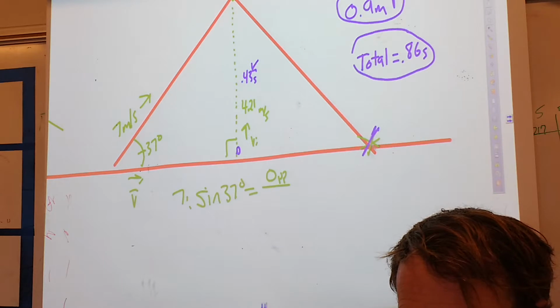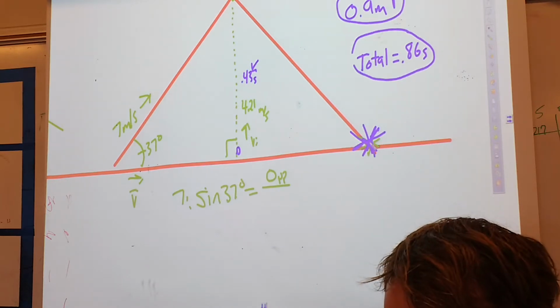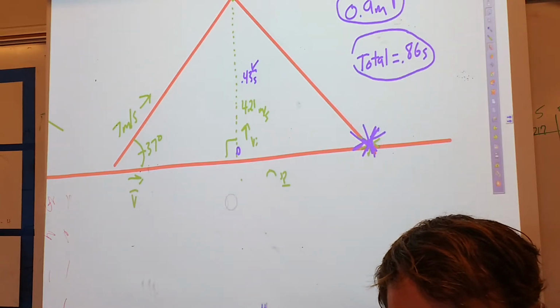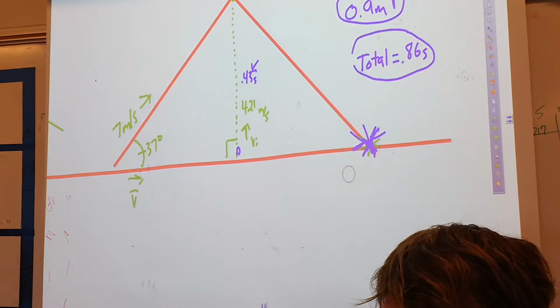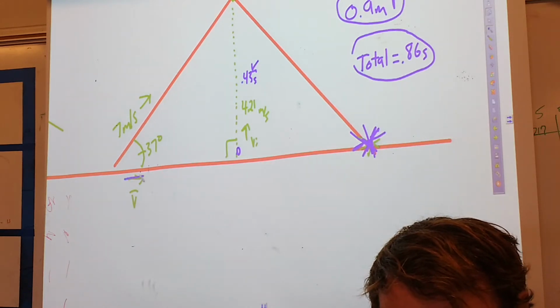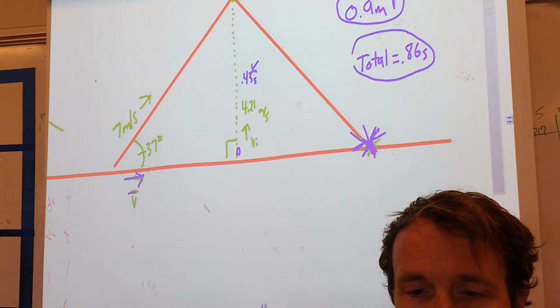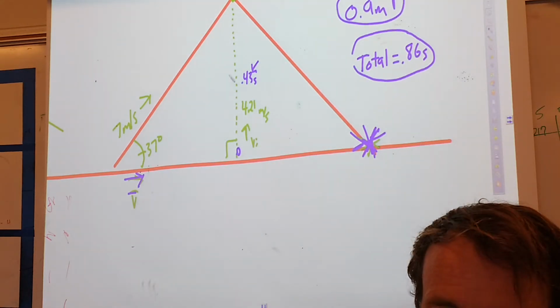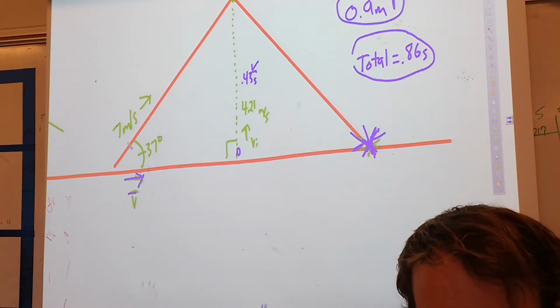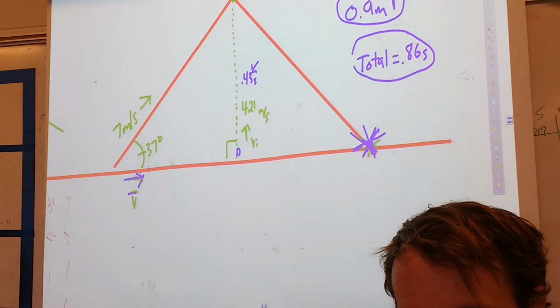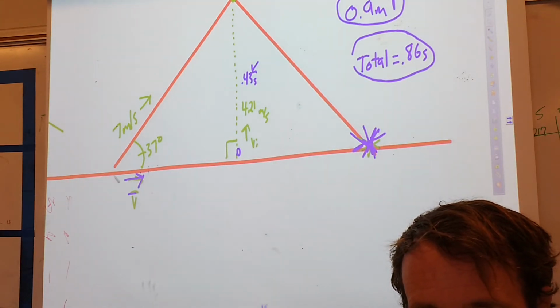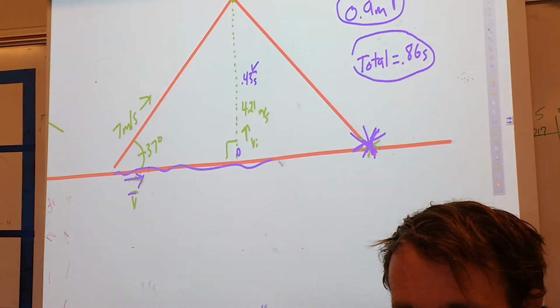Now, let's see where it's going to land over here. That's easy. Remember, the velocity sideways is going to be constant. And I know you may be asking yourself, why is that? If this thing's going up and slowing down, why isn't this slowing down? Well, the thing is, this is like a shadow moving across the earth.